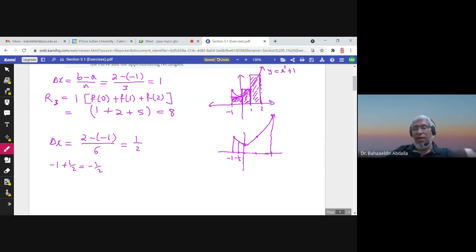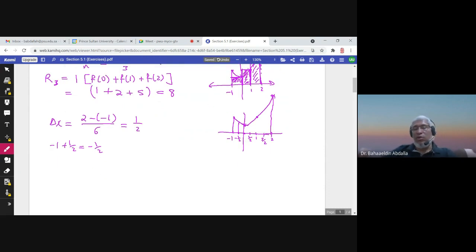If you add half, you get half. If you add half, you have 1, and here 1.5 or 3 over 2, and then 2. So you reach negative half, then 0, then half, then 1, then 1.5, and then 2.